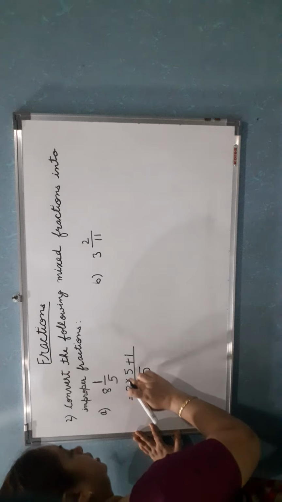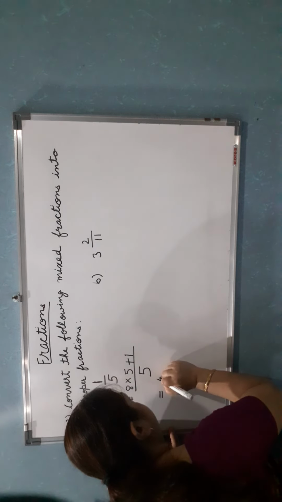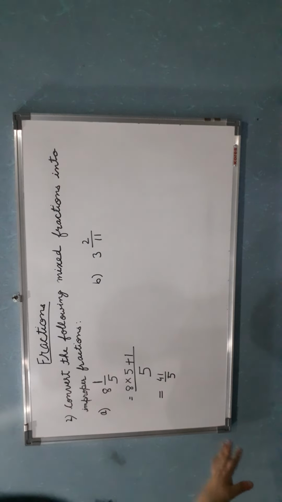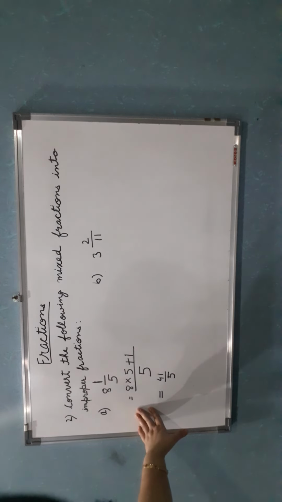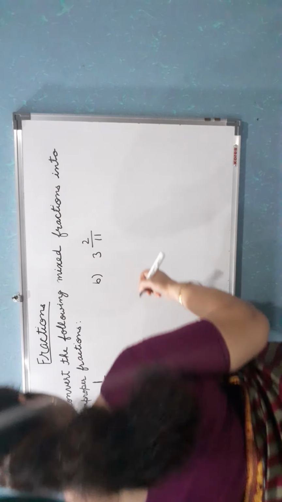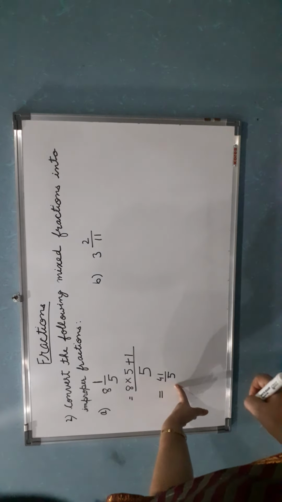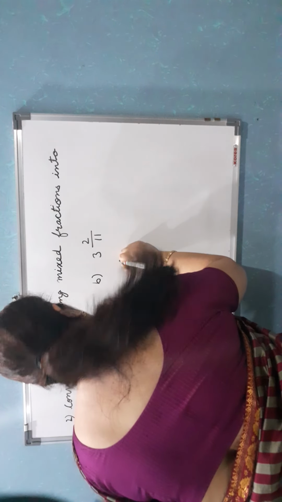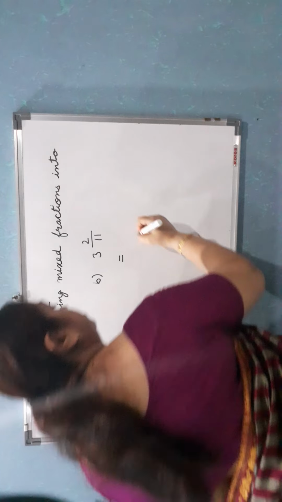Now 8 into 5 is 40, plus 1, 41 by 5. This is your improper fraction. Now, another mixed fraction. Again, in this, how will you write?